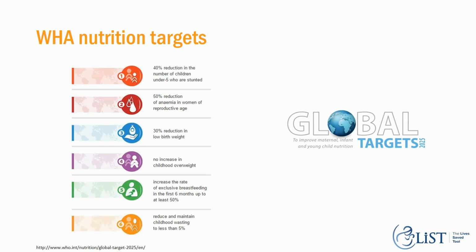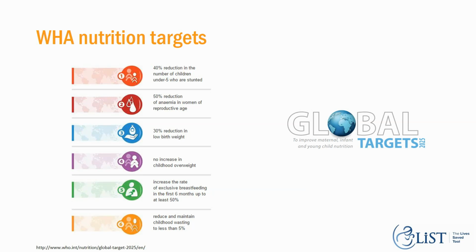Our fifth target is focusing on breastfeeding, so it aims to increase the rate of exclusive breastfeeding in the first 6 months up to at least 50%. And lastly, the last goal focuses on reducing and maintaining childhood wasting to less than 5%.